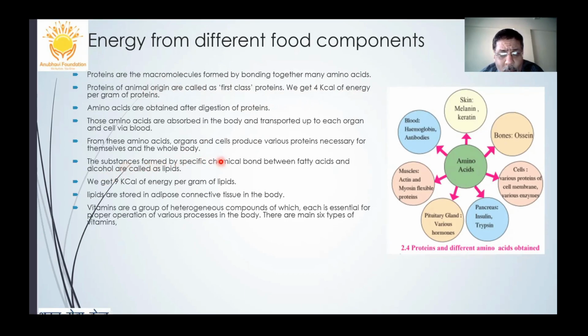Now, when we are coming to fats, fats are converted to fatty acids and then they are used for oxidation, which will release 9 kilocalories of energy per gram of lipids. The lipids are generally stored in adipose tissue, which is a type of connective tissue in the body, and also in the fat cells of the liver.